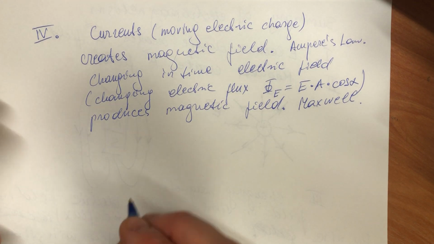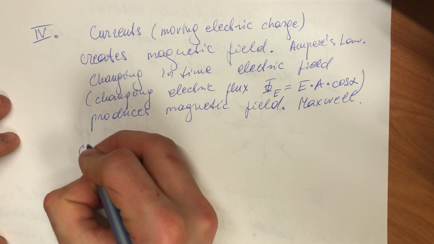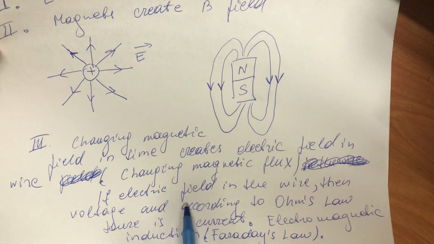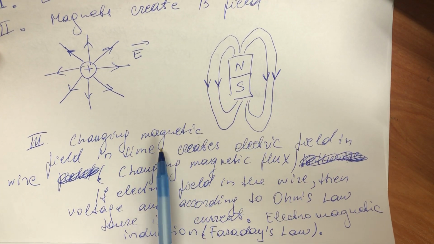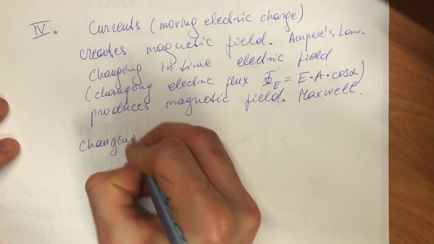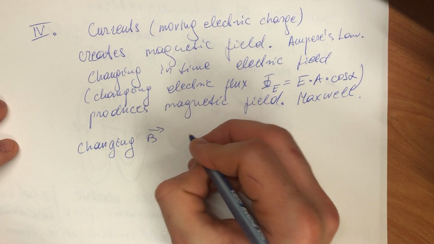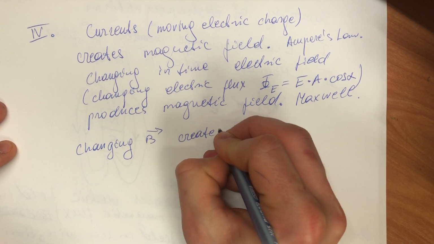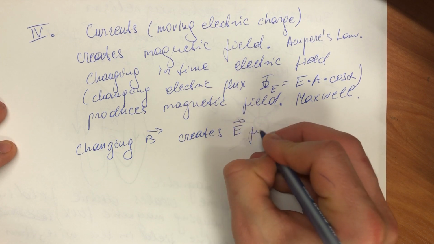So now what's happening? According to number 3, Faraday's law, changing B field creates E field.